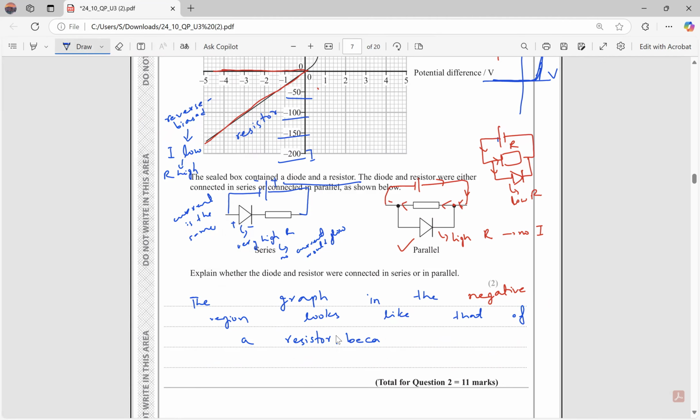because the diode in reverse bias has a very high resistance.